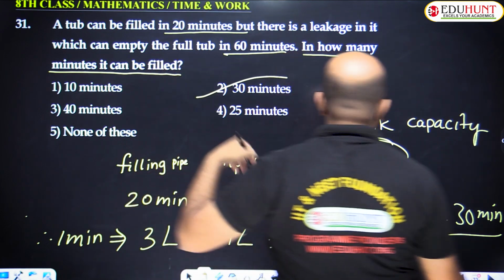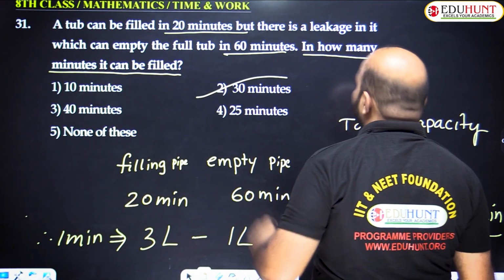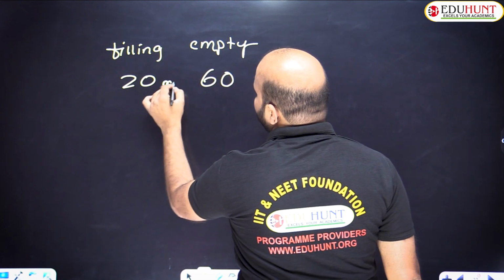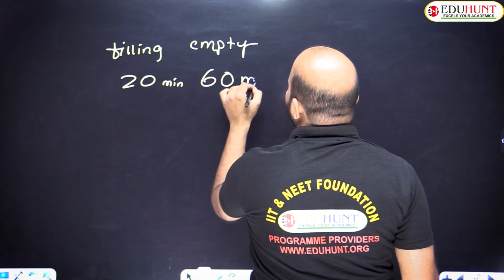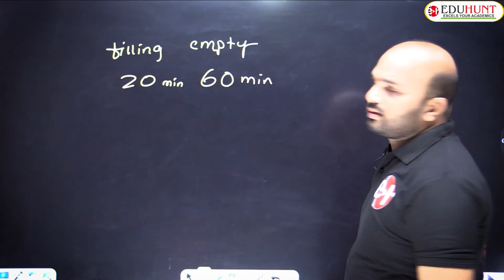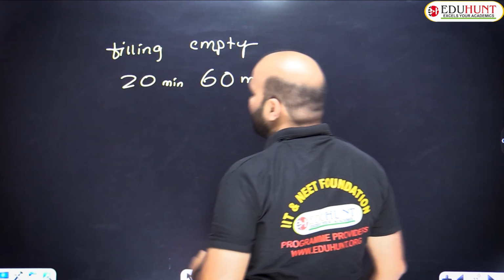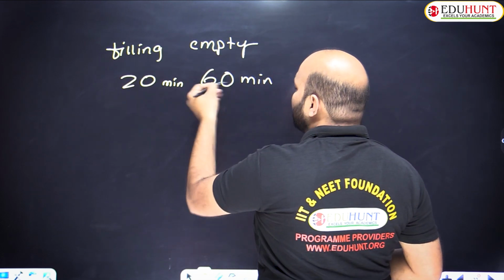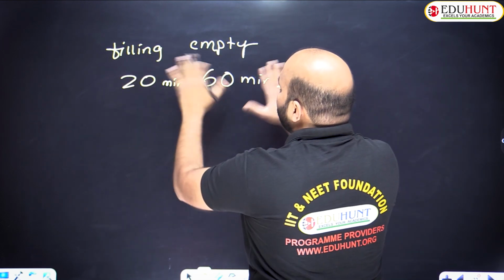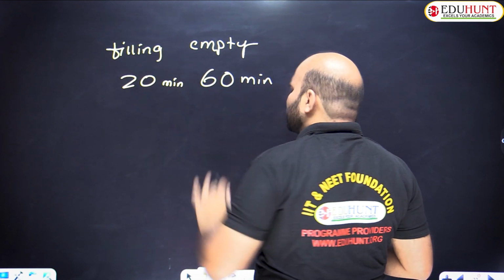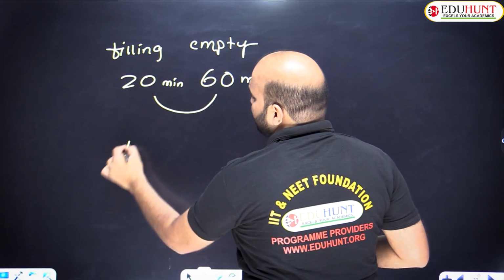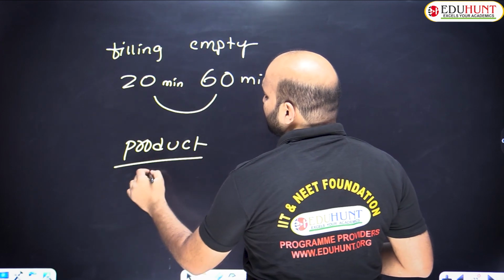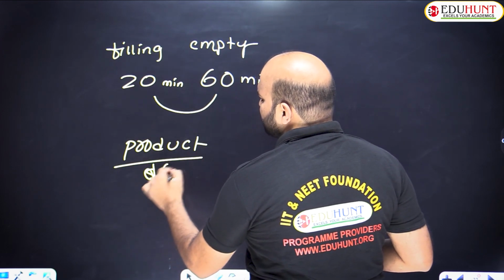Here the filling pipe efficiency is more than the empty pipe efficiency, because within less time it can fill the tank, while the empty pipe takes more time. If both are open simultaneously, to find in how many minutes the tank is filled, you always go with product by difference. This is a shortcut method.